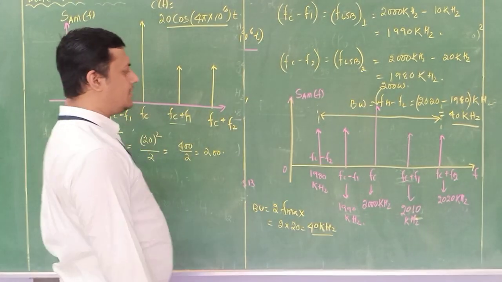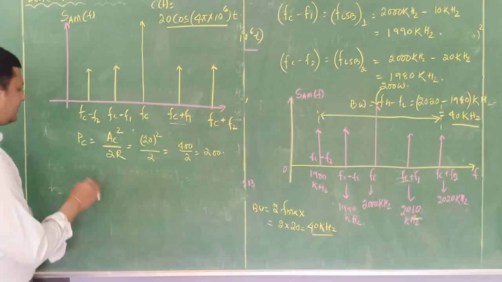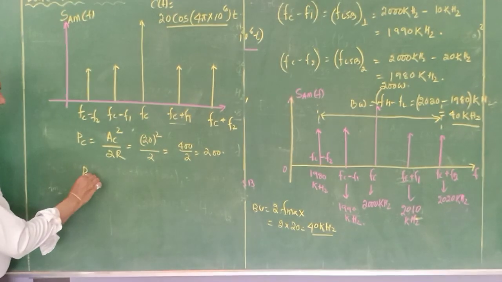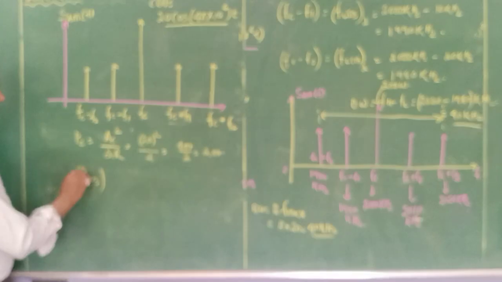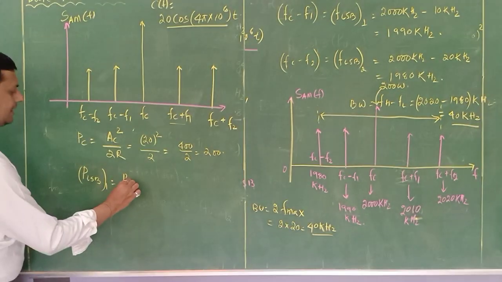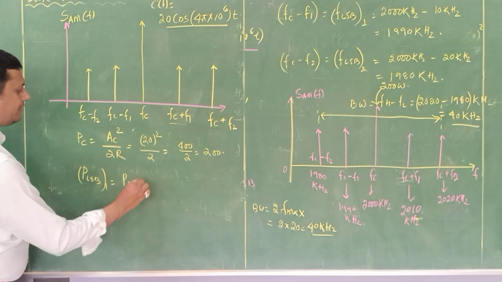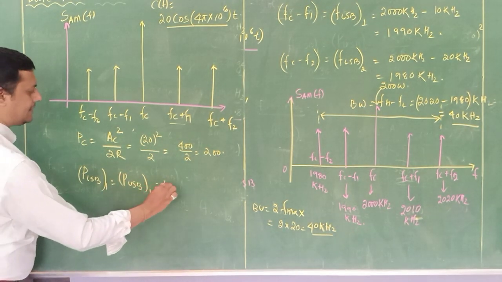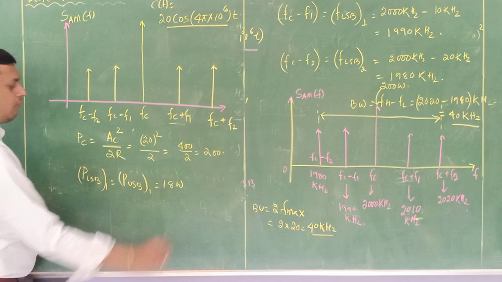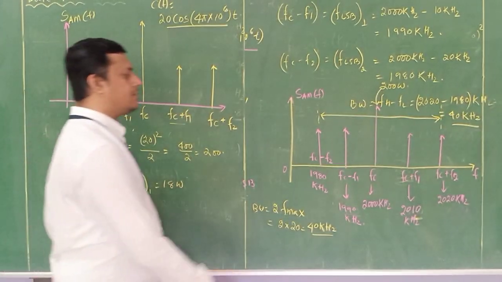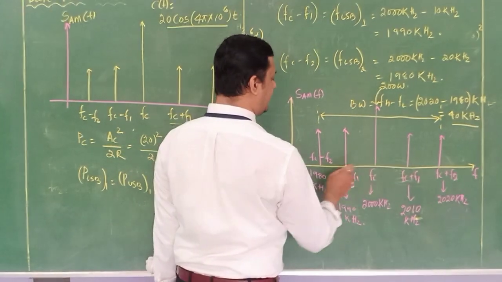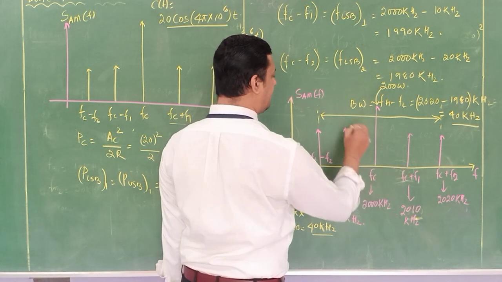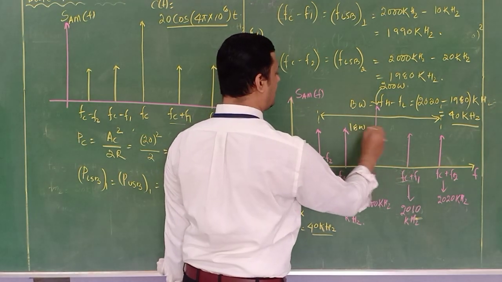Then we have also calculated P LSB1 is equal to P USB1 is equal to 18 watt. So this is the LSB1 and this is USB1, so it is 18 watt.